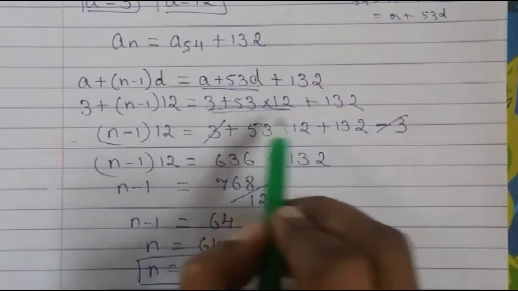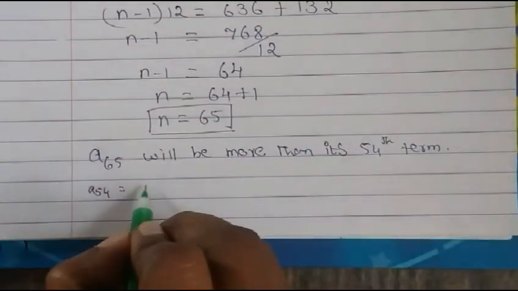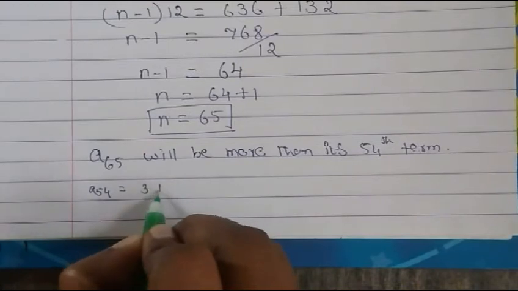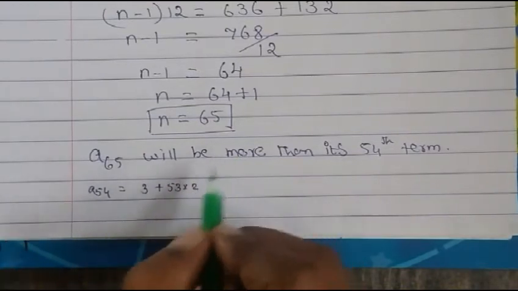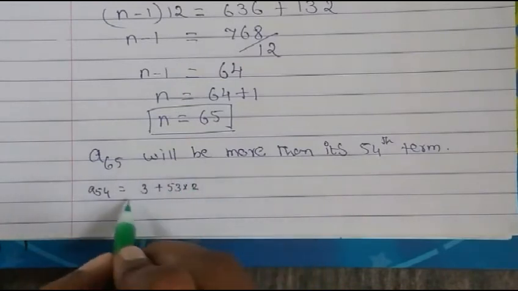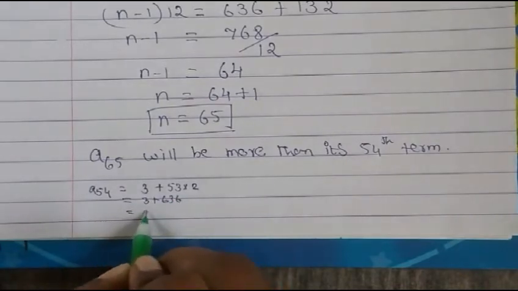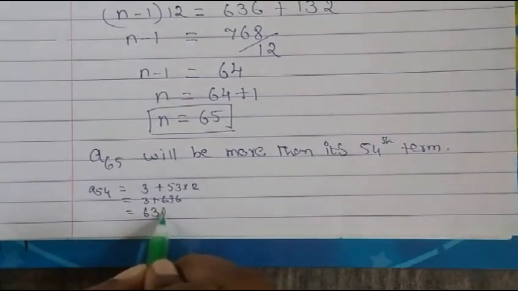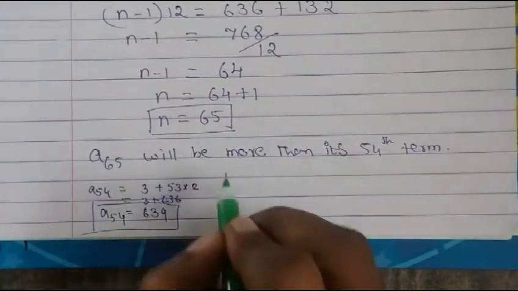So when you multiply this, what will you get here? 3 plus 53 into 12. 53 into 12 gave us 636. 3 plus 636 will give us 639. So A54 gives us 639.